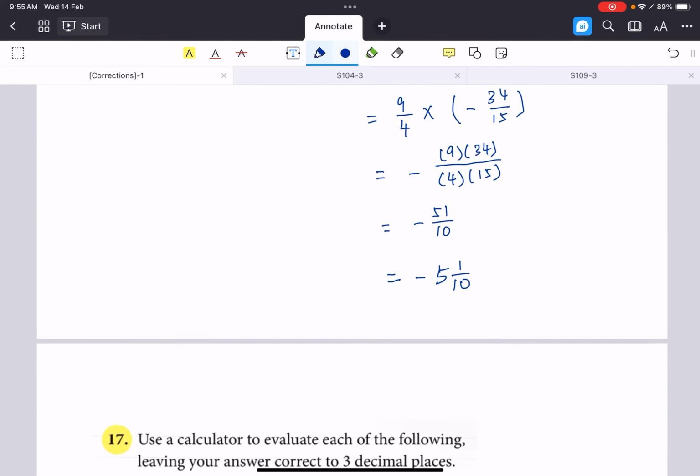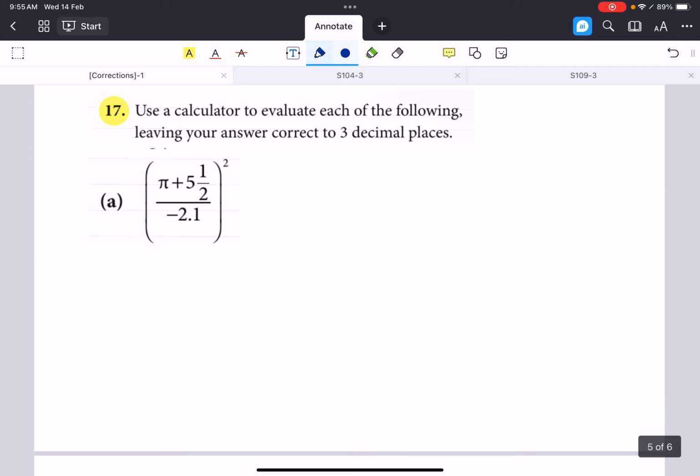Okay, moving on. Now, this question, they ask us to use the calculator to evaluate the following. We can do that. It's just a matter of pressing the calculator carefully. We have pi plus 5.5, divide by negative 2.1, and then we square this value.